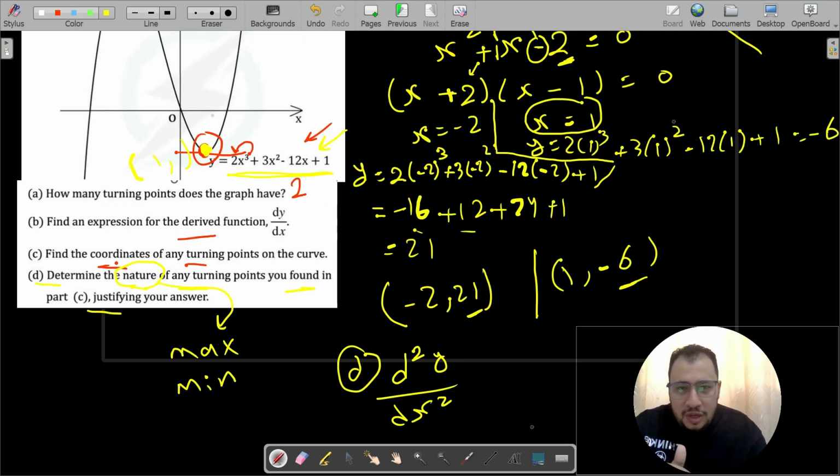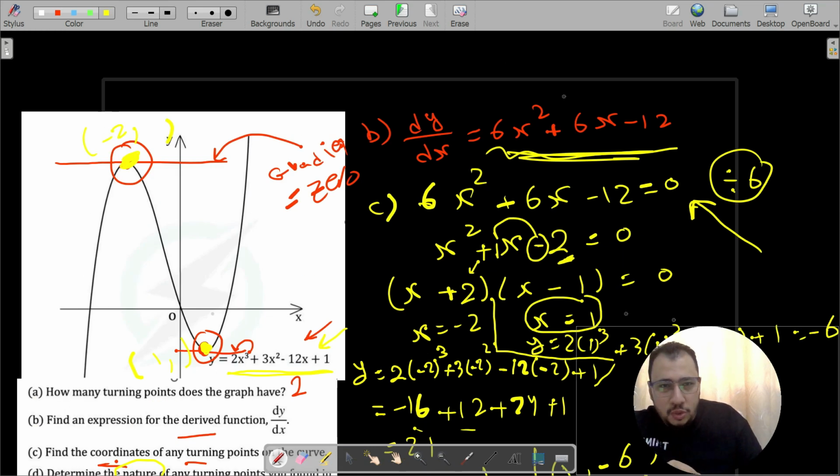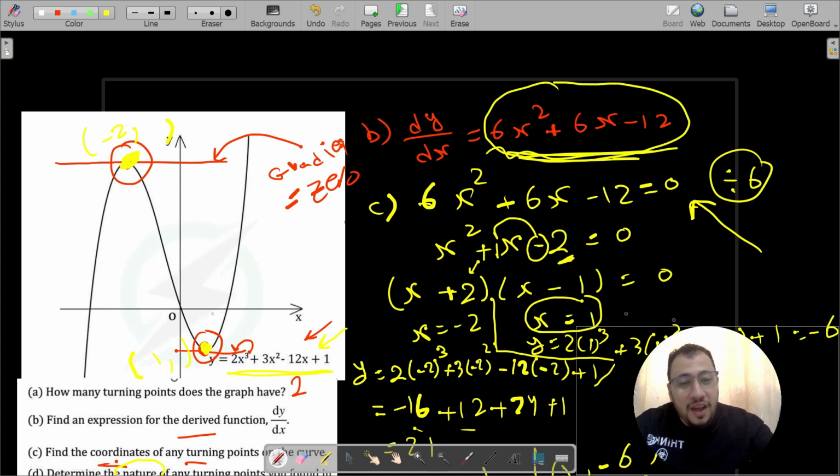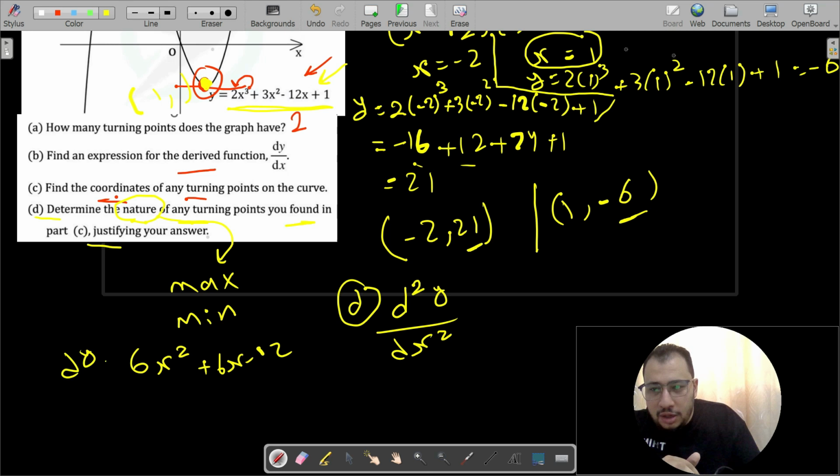I mean you will get the equation after being derived, the first derivative, the one which you got here, and you will find its derivative again. So our equation was 6x squared plus 6x minus 12. This is dy by dx.